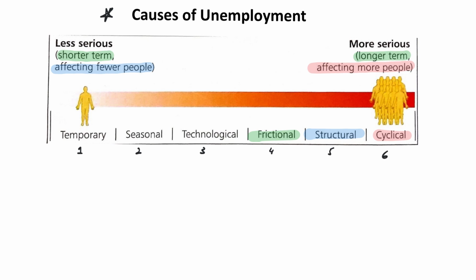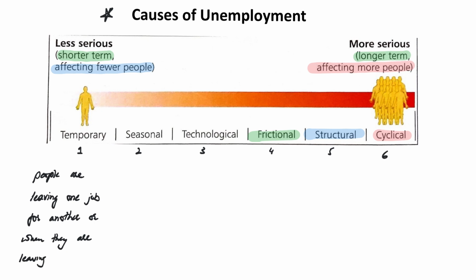This occurs, it's very short term obviously, and the example for this one is when people are leaving one job for another, or when they are leaving school before going to work.